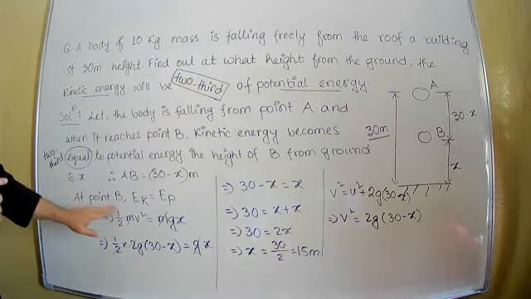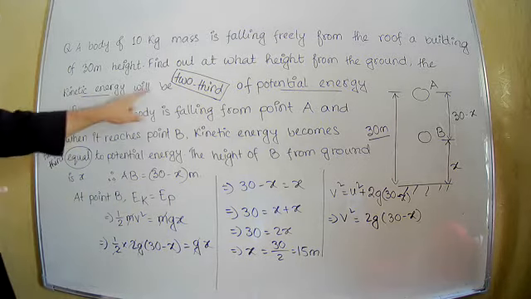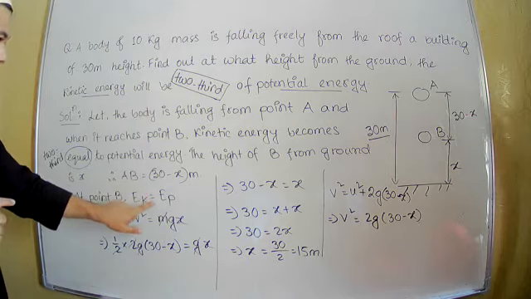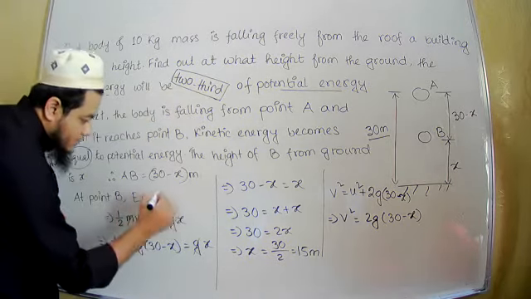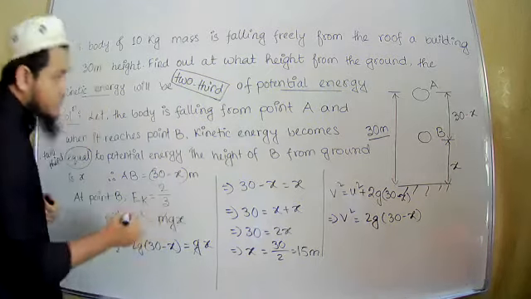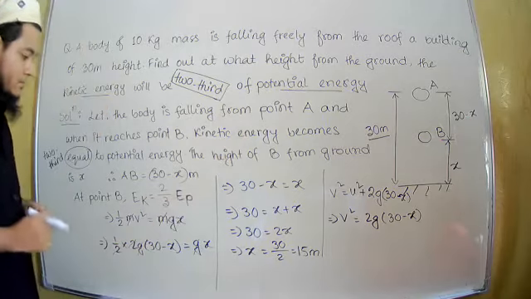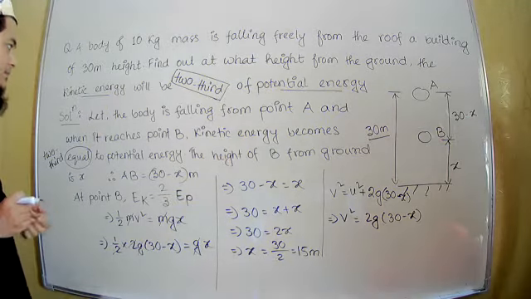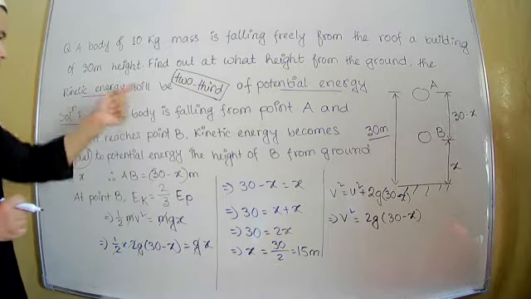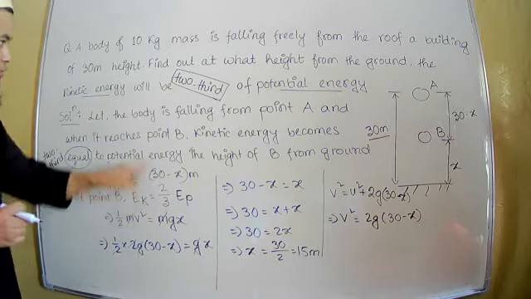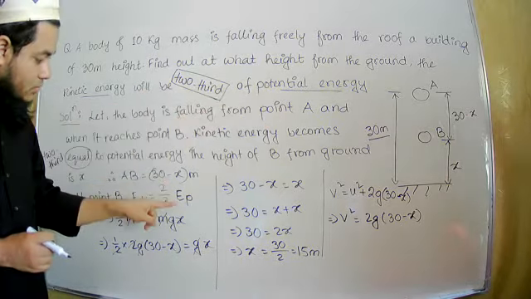Now at point B, see what it says first: kinetic energy. So we will write EK, then will be equal, then it says 2/3, meaning 2/3 of potential energy, that means into EP. So you understood how we are writing. At first we saw there is kinetic energy, so we wrote EK, will be, that is equal to 2/3 potential energy, so EP.